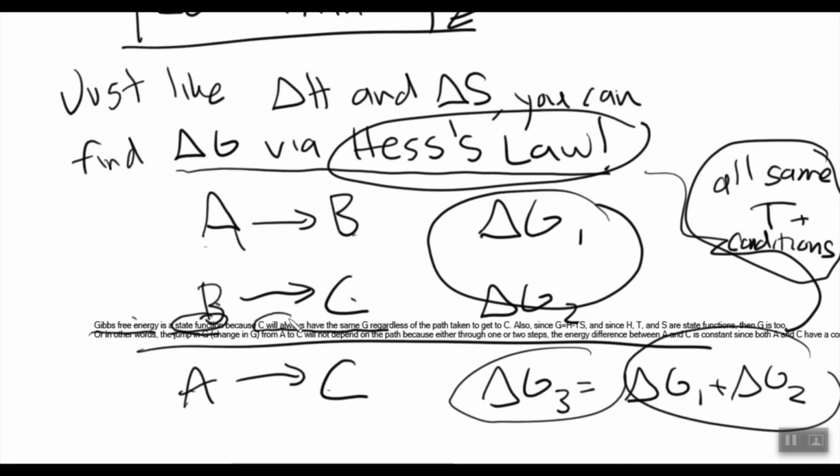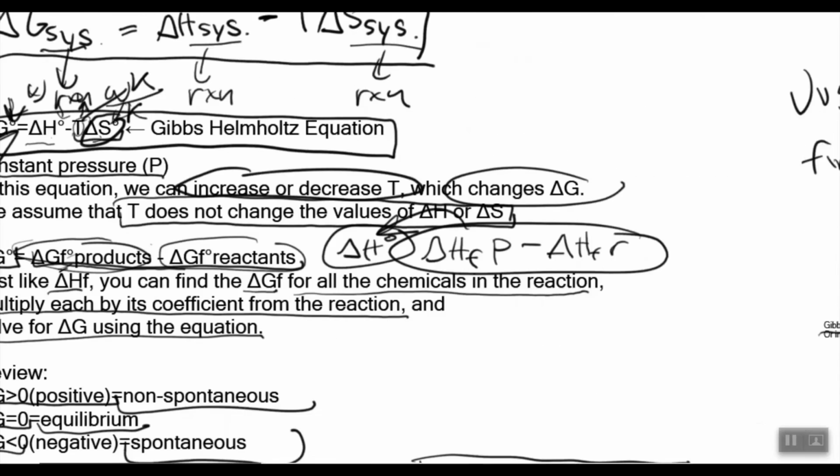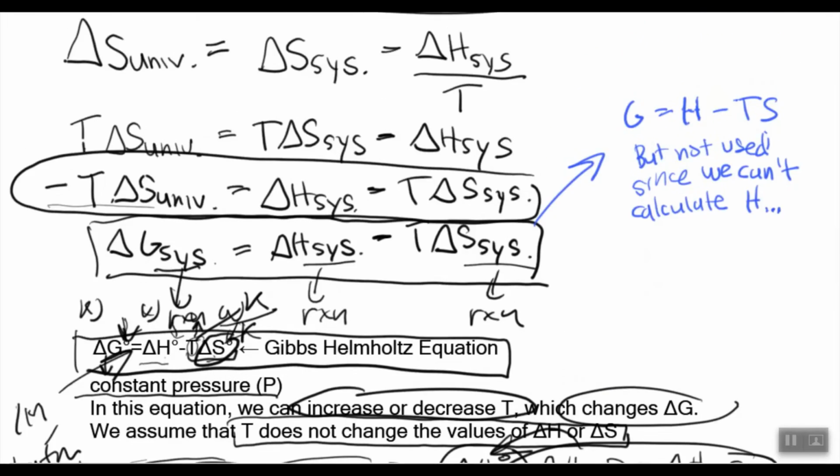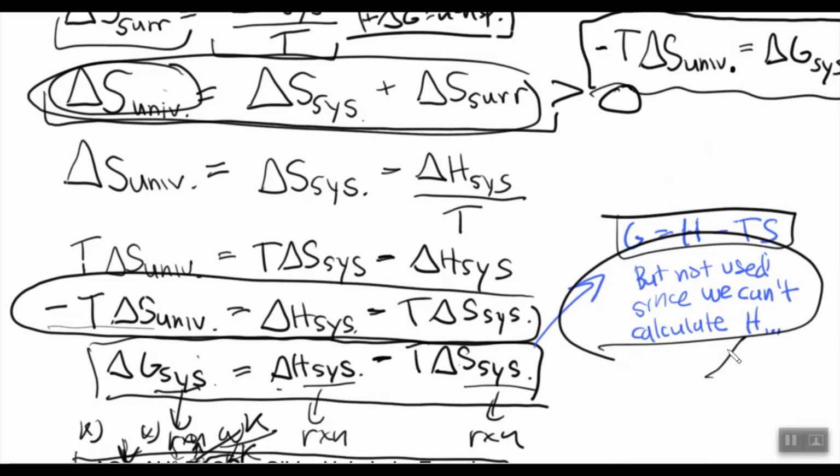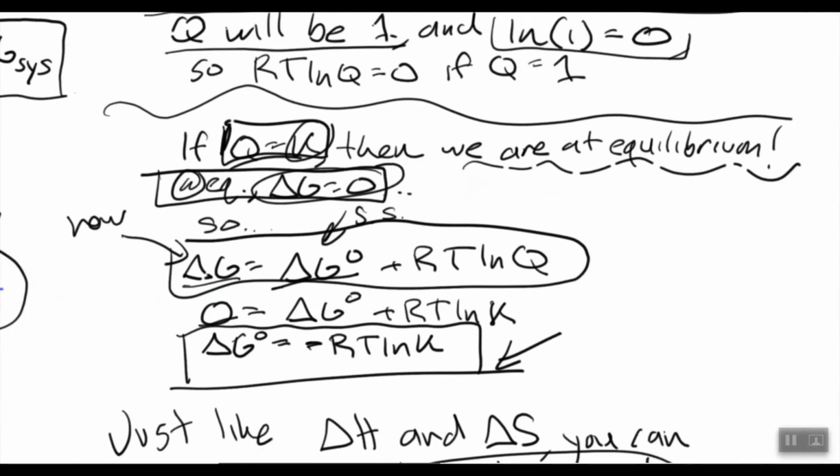So it's a state function because C, chemical C, will always have the same Gibbs free energy regardless of the path taken to get to that substance C. Also, since we know that G is equal to H minus TS, and this comes straight from the fact that delta G is equal to delta H minus T delta S, it's basically without the delta S, but we never use this since we can never actually calculate the value of H. We can only calculate delta H, and I talked about that in the enthalpy unit.